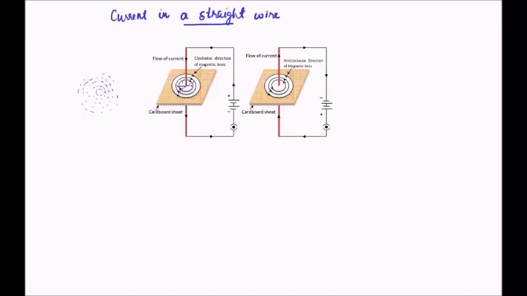Okay, now when the current is flowing from top to bottom, what we observe is that if we place a magnetic needle, then the north-south direction will be something like this. This will be my south and this will be my north.